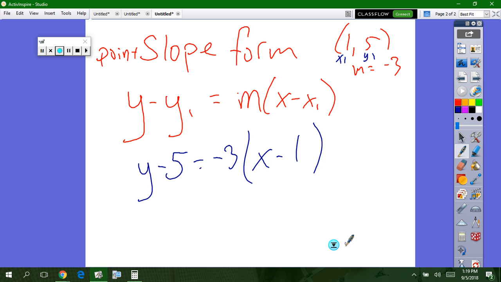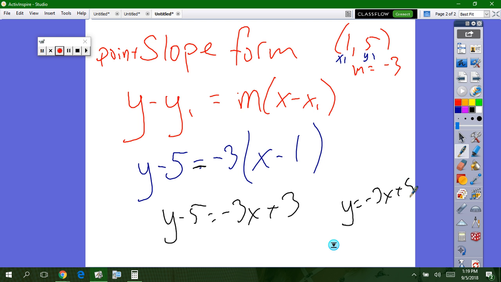I'll go ahead and distribute through. Sorry, that's an equal sign. So I have y minus 5 equals -3x plus 3. I add the 5 over: y equals -3x plus 8. Now, if I'm given my slope and a y-intercept, obviously the other way is quicker, correct? But not every situation dictates that. So therefore, I put it into point slope.